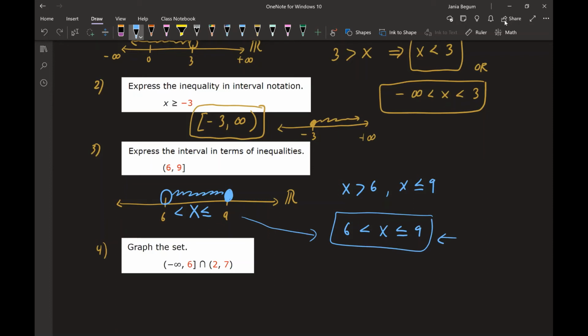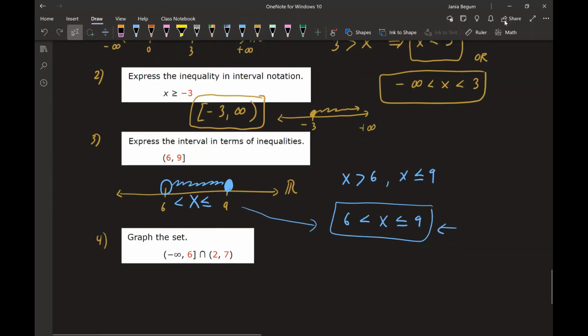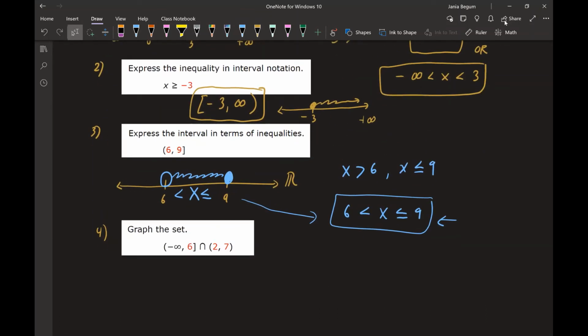If you have 2 numbers, say A and B, and X is between them, so X is less than B and greater than A, which you can say A is less than X, less than B. Now, I will show you a picture in a little bit, so you can see the general way of writing this. But really, if you have this type of set, you know your X is between these 2 real numbers. So you just put the less than symbol on both sides.